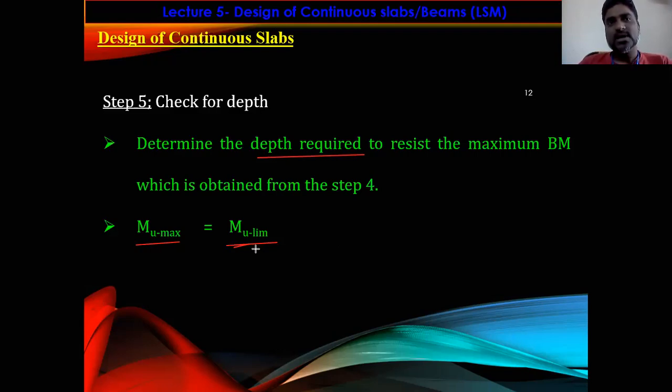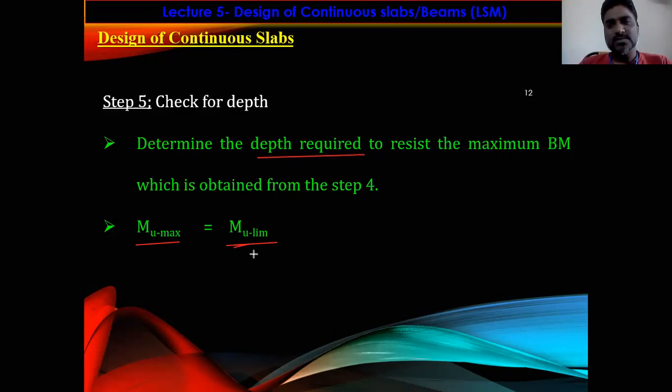That means the depth of neutral axis is xu max, that is, the limiting depth of neutral axis, which can be calculated from IS 456 2000 based on the grade of steel, right?